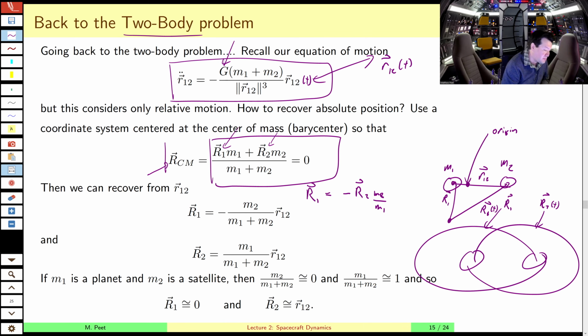Well, how does that help us? Well, remember that R12 is R2 minus R1.